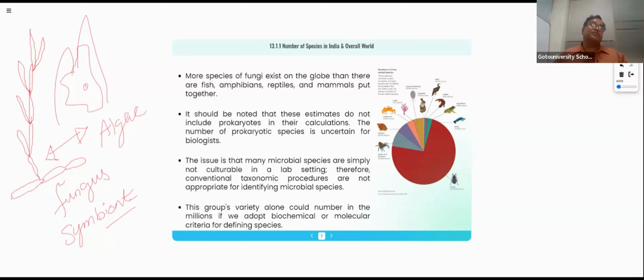So what type of question will come based on this information? What we convey to you is, can you give an example for the fungus not acting as a parasite but depending upon other species? If that is the case, we can give this symbiotic association of the algae and fungus, which we call with a special term called lichens. So lichens is a beautiful example for the fungus-algae symbiotic association.